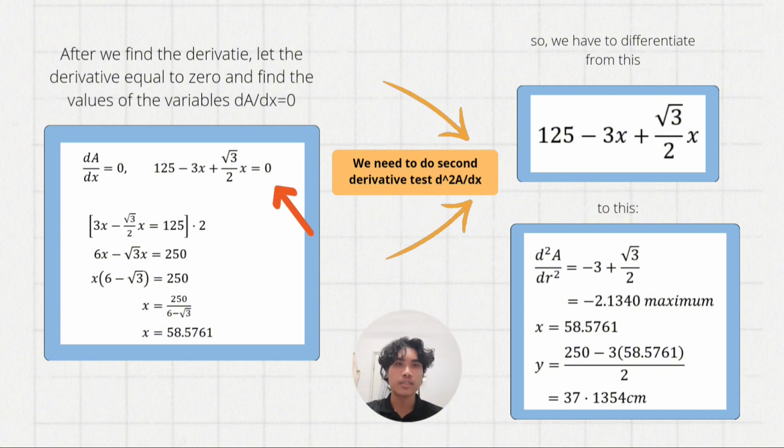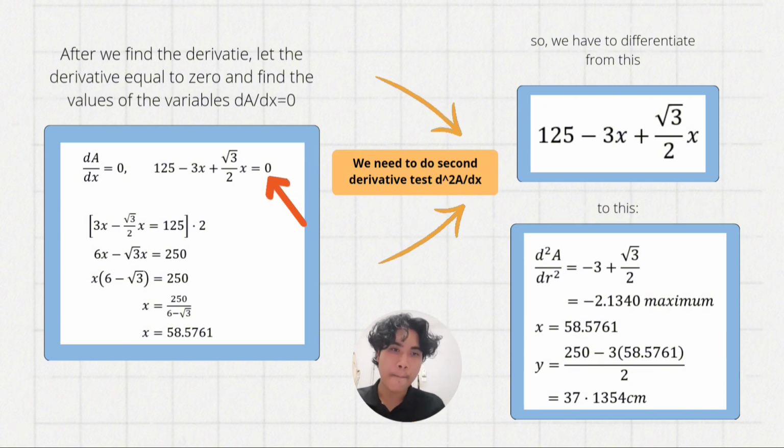Differentiate 125 minus 3x plus square root of 3 over 2 x. After differentiating, we have negative 3 plus square root of 3 over 2. After solving, we have negative 2.1340. So we got the maximum because it is negative.